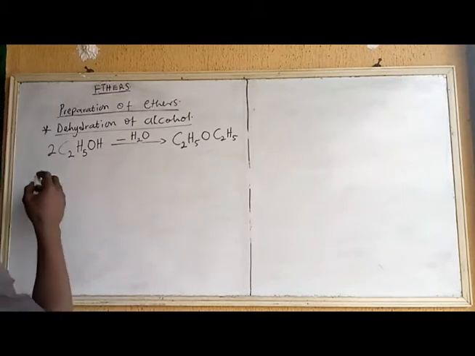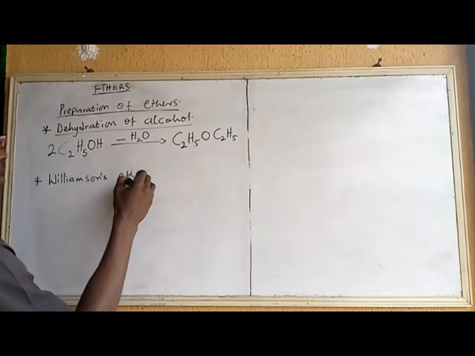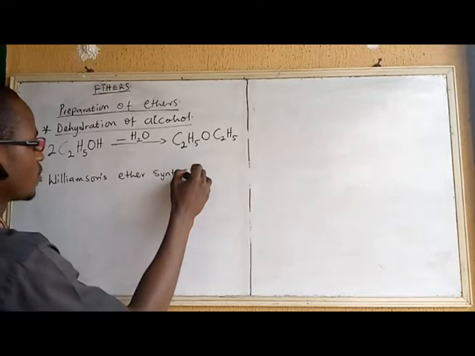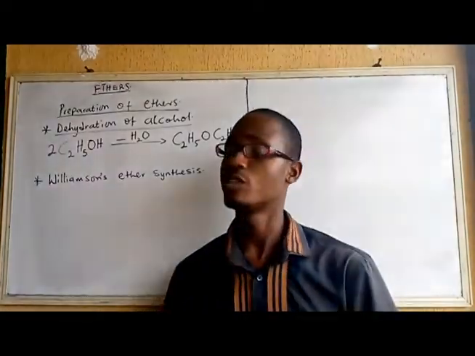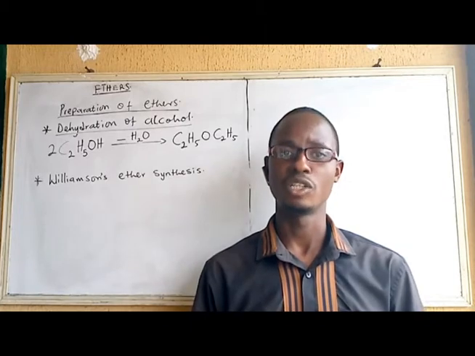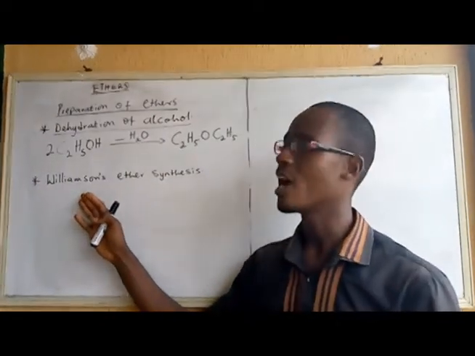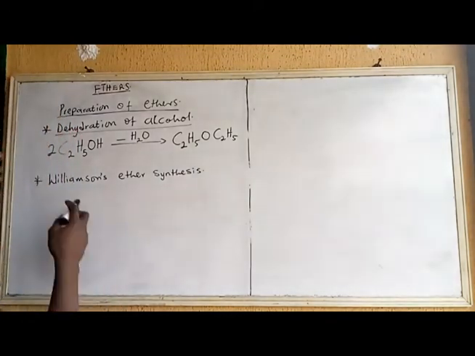Then we also have the second one called the Williamson ether synthesis. The Williamson ether synthesis is the most widely used method in producing ethers, and this is achieved when an alcohol is mixed with sodium to produce alkyl oxide ion. The alkyl oxide ion is then reacted with a halogenoalkane to produce ethers. Let's take, for example, the production of ethoxyethane again.